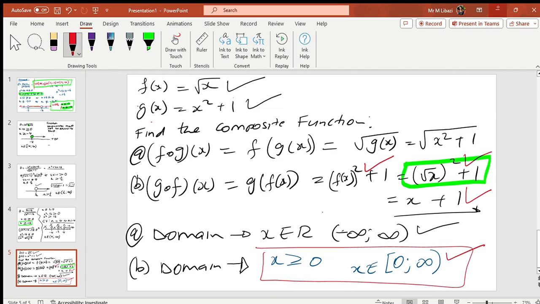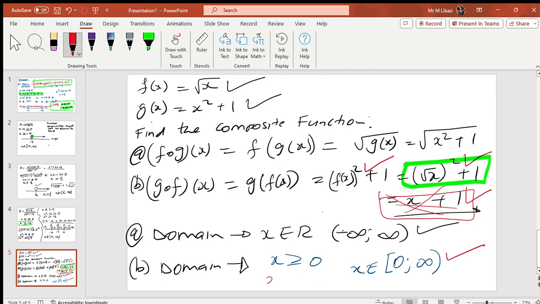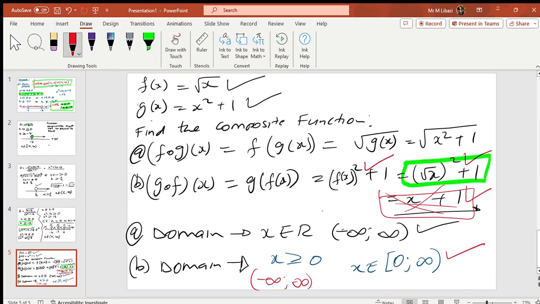So now what I'm saying in number B, you do not use the simplified version, which is x plus 1, because people use this simplified version. If you take a domain there, it will be x as an element of all real numbers, so your domain would be negative infinity to positive infinity if you were to use that x plus 1 for that composite function of p.